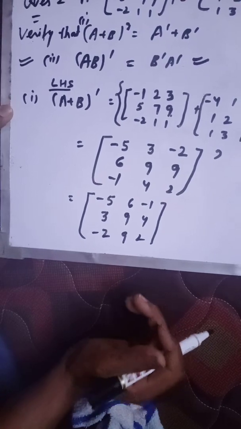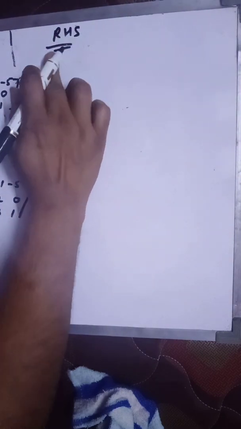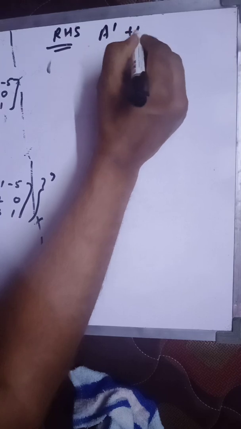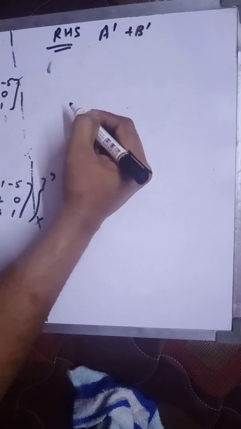Now on the right hand side, this is your right hand side, and here you have to find out A transpose and B transpose.